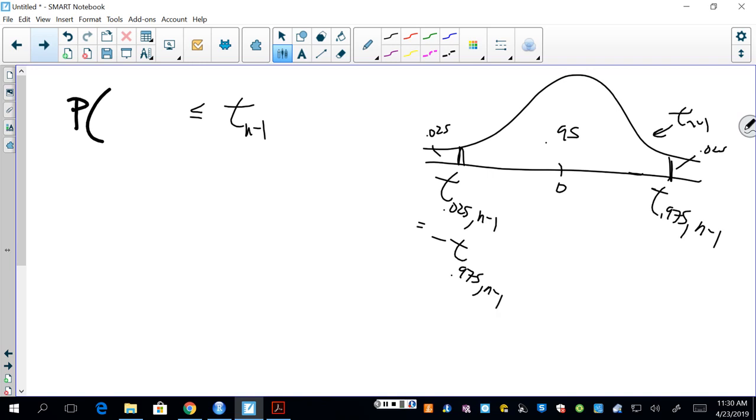They're just the minus of each other, equal distance, and it leaves off 2.5%. So the chance that you're less than this cutoff up to this cutoff, in probability, just from that distribution, is 95%.